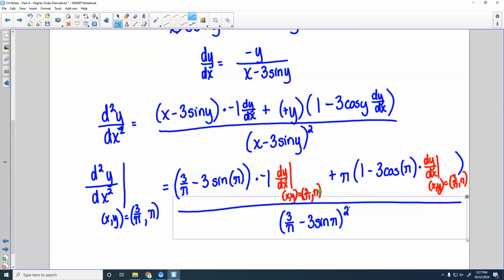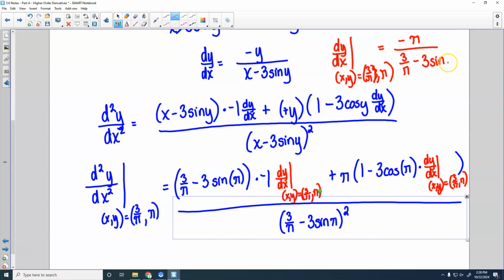Okay, so what I can do up here is go up to dy/dx and plug in 3 over pi. I need to put parentheses there. So I would have negative pi over (3 over pi minus 3 sine of pi). What is sine of pi?